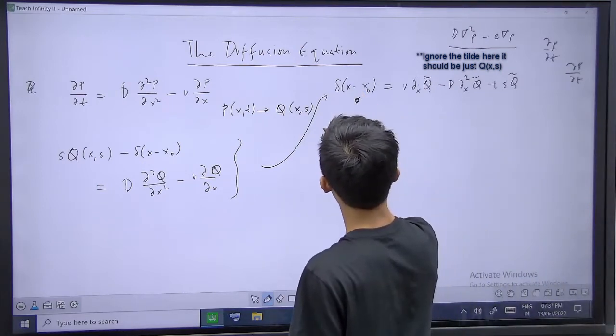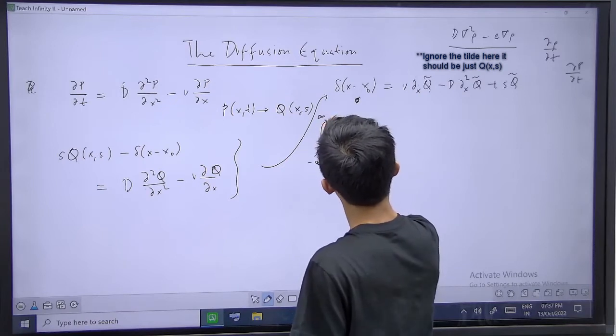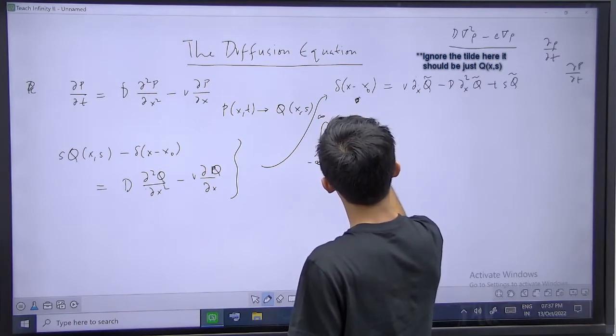And so I can write delta of x minus x naught as simply e raised to i k.